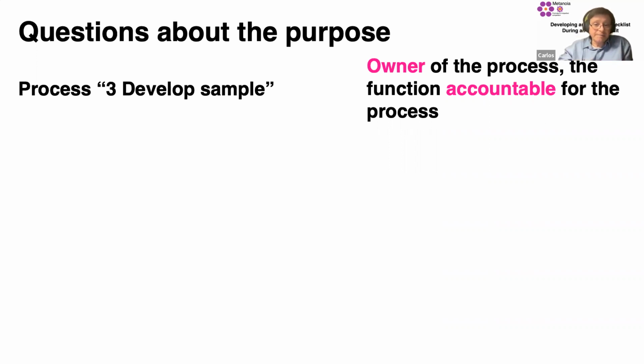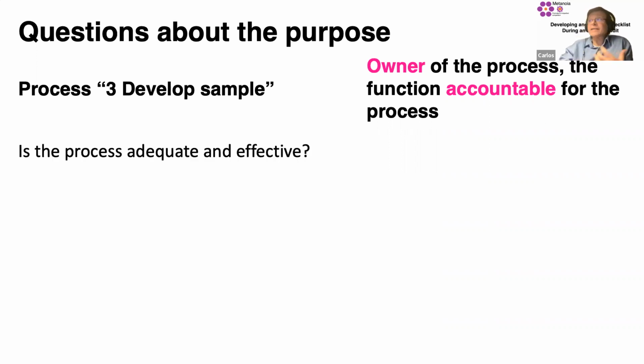So you ask, is the process adequate and effective? You are asking the question of the person best suited to know and to decide if action is needed. Of course, there will be an answer. An answer is not evidence, and auditors work with evidence. You want to see some evidence.